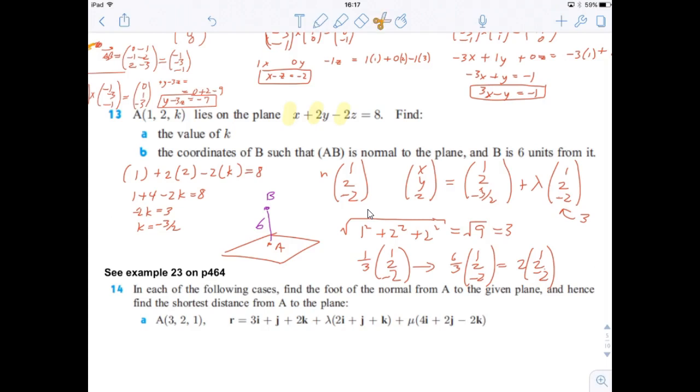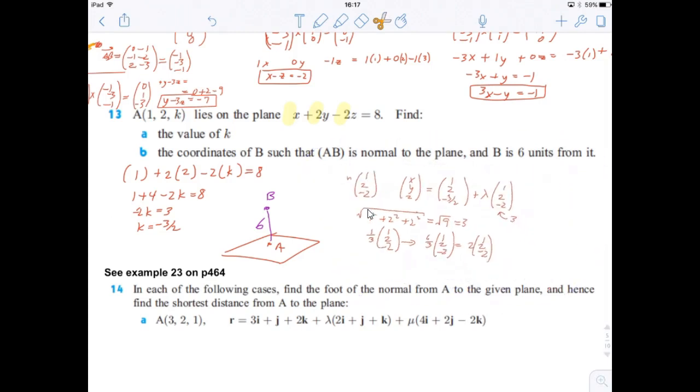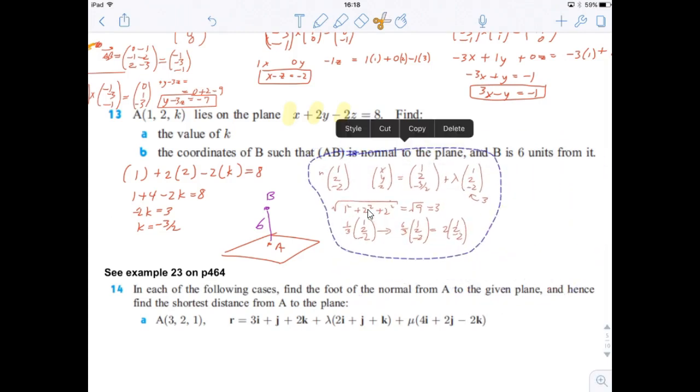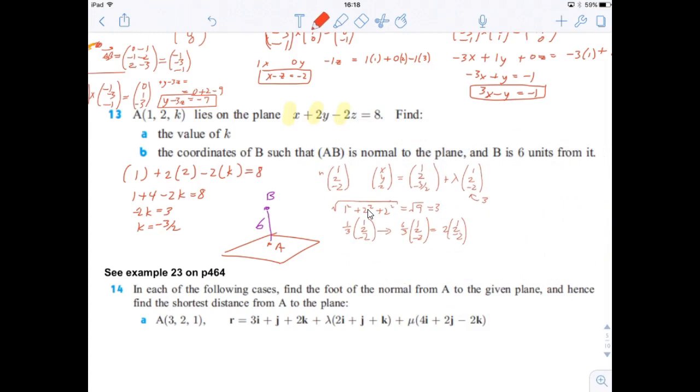Let's figure out what point B should be when lambda equals 2. So we're going to say (x, y, z) equals (1, 2, negative 3 halves) plus 2, because that's lambda, times (1, 2, negative 2).